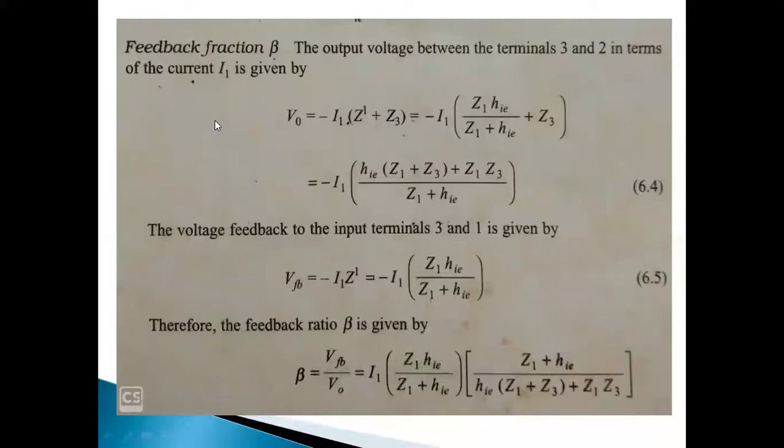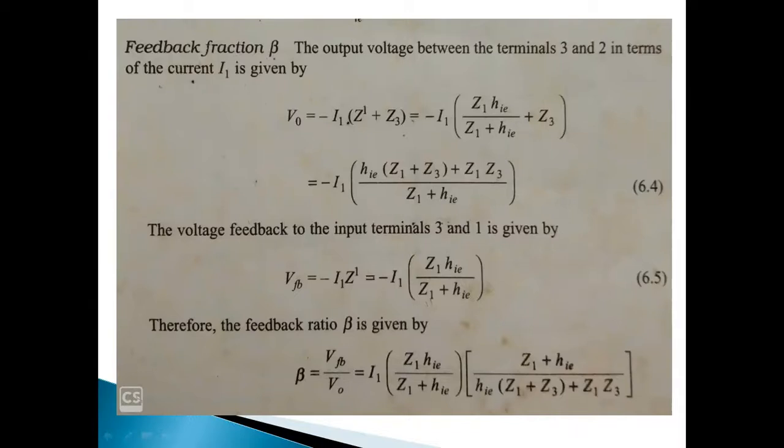Next. So here we have to find one more factor or one more value, that is feedback fraction beta. So what is beta? Beta is the feedback network gain. So here the output voltage between the terminals C and Q in terms of I1 is given by. So normally we know the mathematical expression for beta.